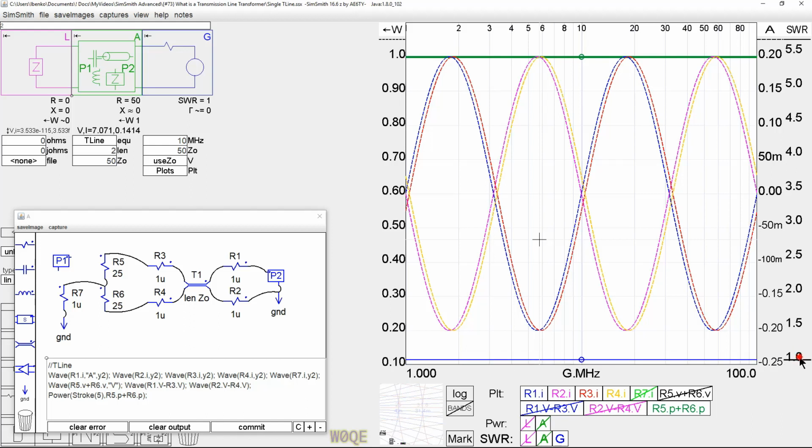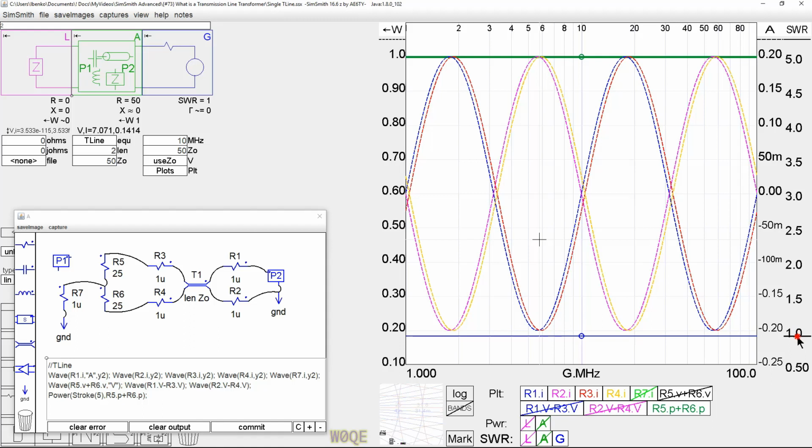If I move SWR up just a little bit, you can see that the arrow goes away. The arrow is kind of annoying, but it's also kind of a nice feature in that it reminds you that something's out of bounds. SimSmith does not do any kind of auto adjustment on the axes. So if you plot something that's out of bounds, then it just is out of bounds, and it's up to you to go find it.